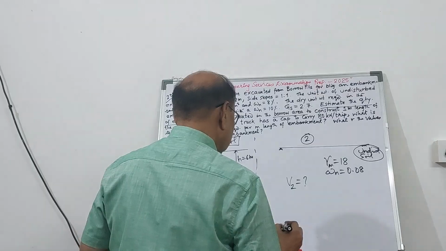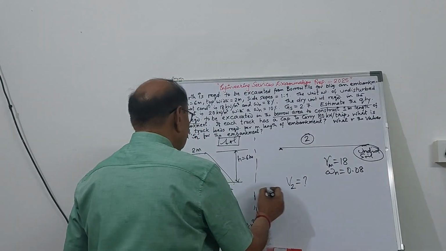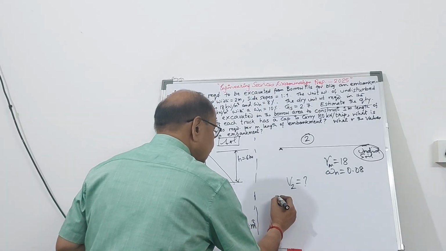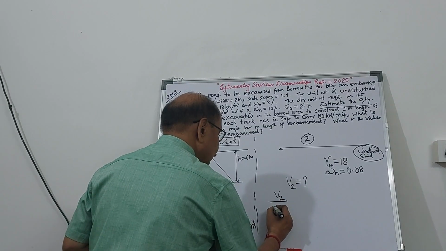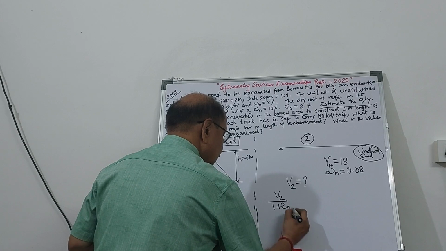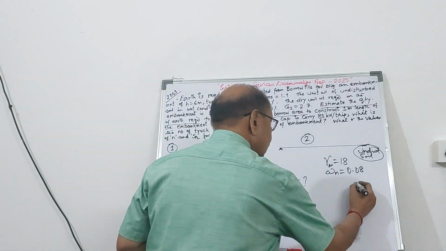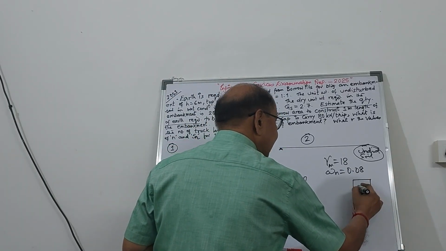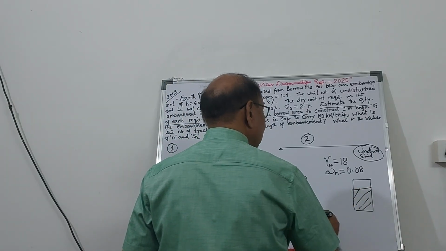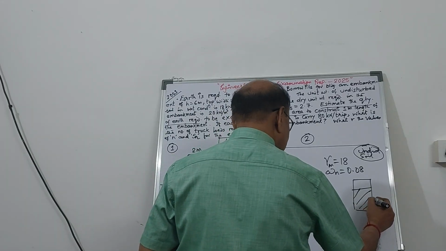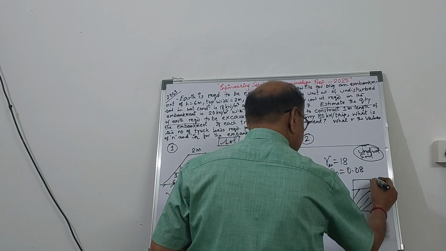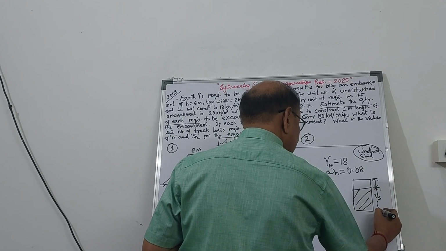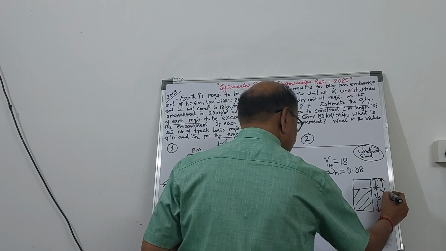Now here V2 you will have to find out. So quantity of earth required to be excavated is V2, and we can write that V2 divided by 1 plus e2 equal to, if you consider this soil mass, which is made of soil solids and the voids, and the total volume which you are going to excavate from here is going to be the void, and there is going to be the volume of soil solids, and the total volume is going to be V2.